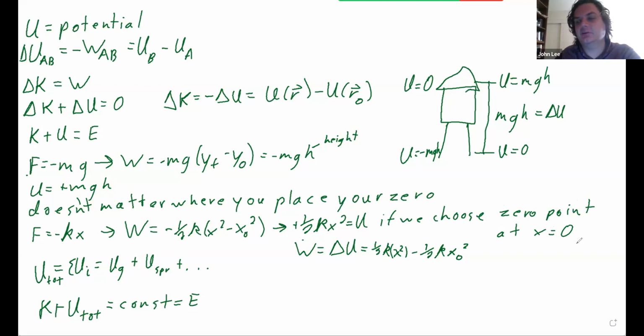So if we choose the 0 point at x equals 0, then the change in potential energy is just going to be 1/2 kx squared minus 1/2 k times 0 squared, which is just going to be 1/2 kx squared.